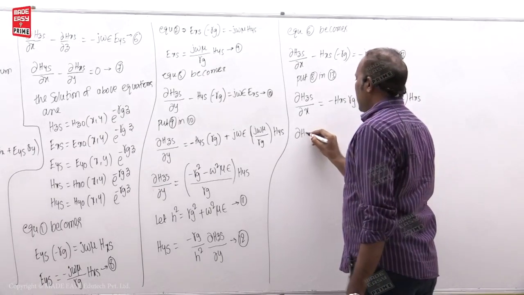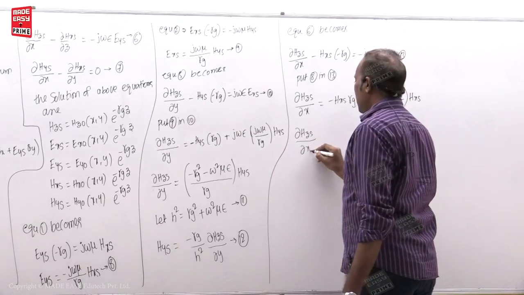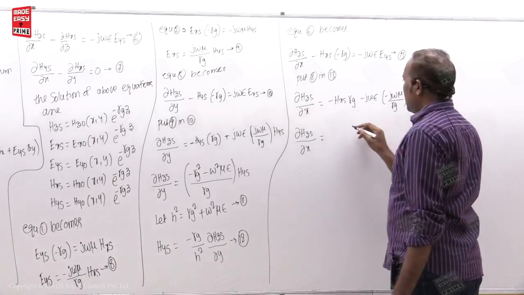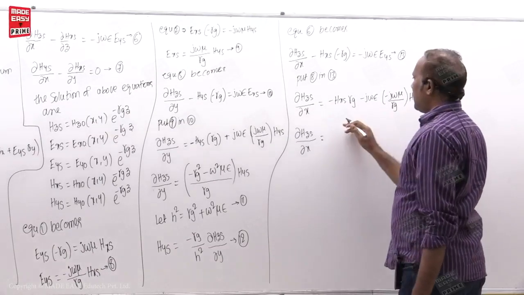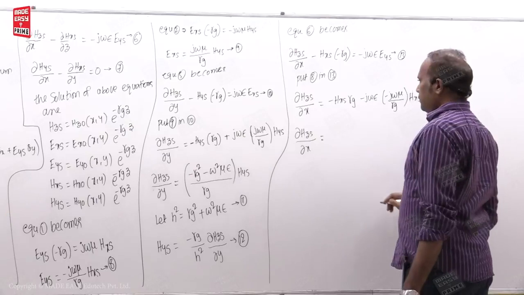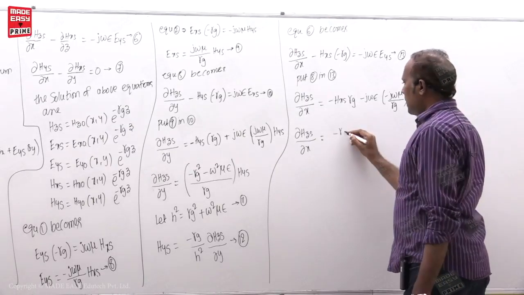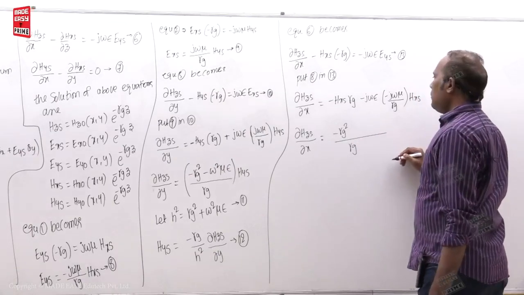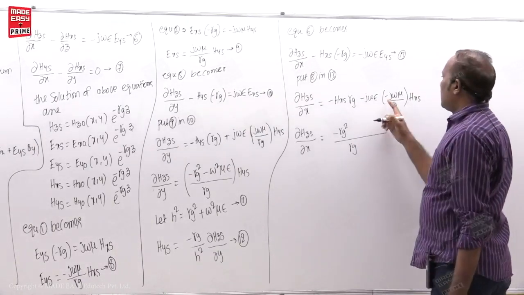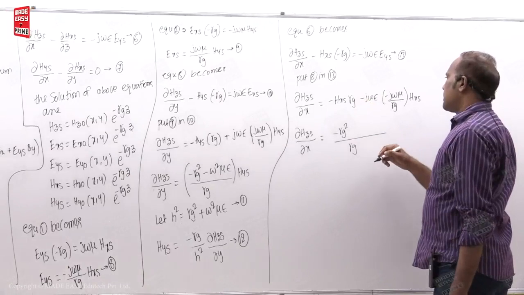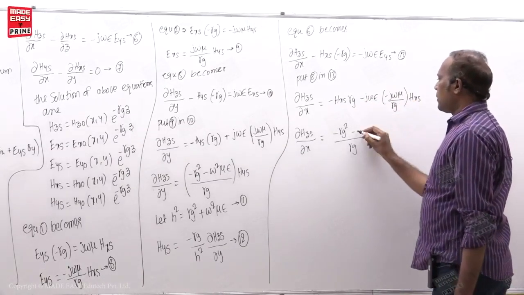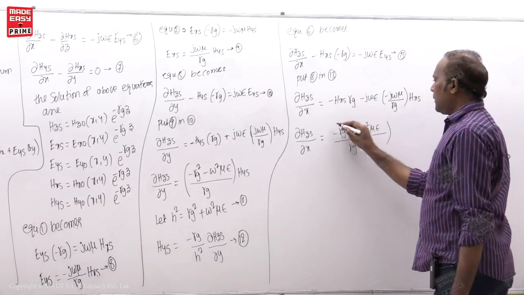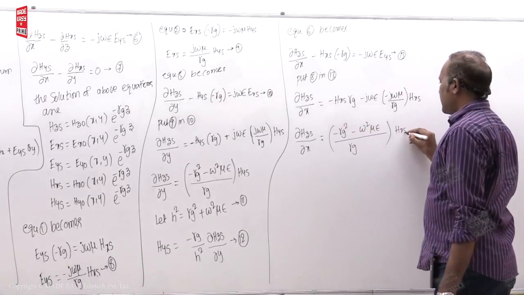So dou Hzs divided by dou x, here Hxs common, then minus gamma g square is there, denominator I am pulling gamma g, then minus into minus becomes plus, j into j square minus, once again it is omega square mu epsilon and Hxs.